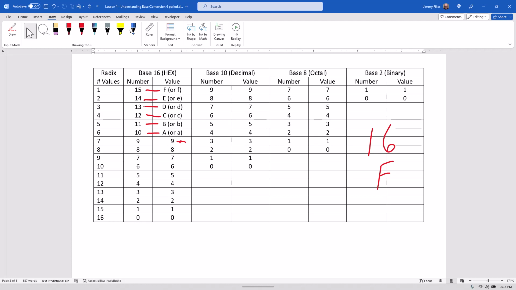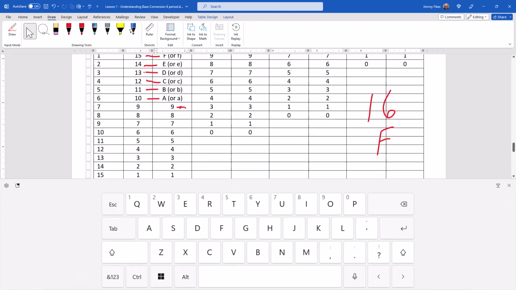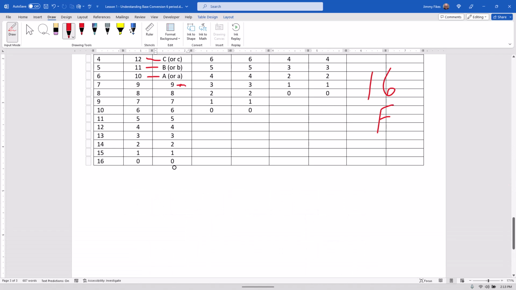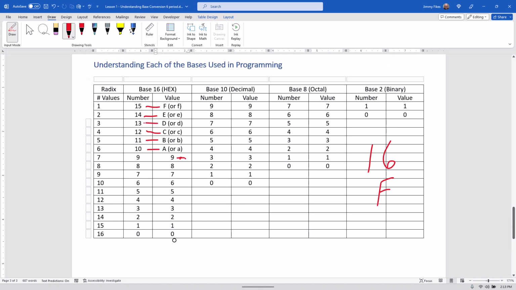We've already looked at base 16, starting at 0. We go all the way from 0 up to 9, and then A, B, C, D, E, F. That's how we come up with 16 counting values for base 16. We have to add letters to those.